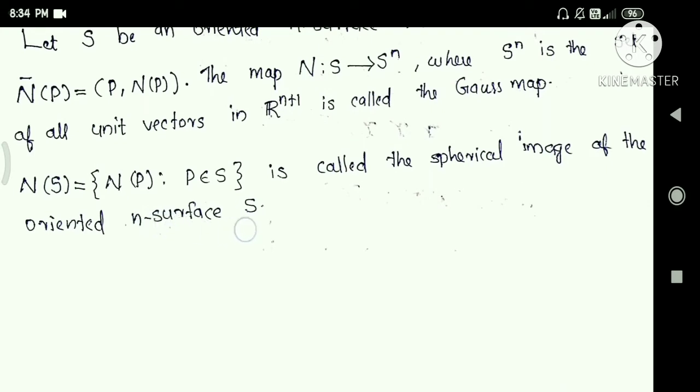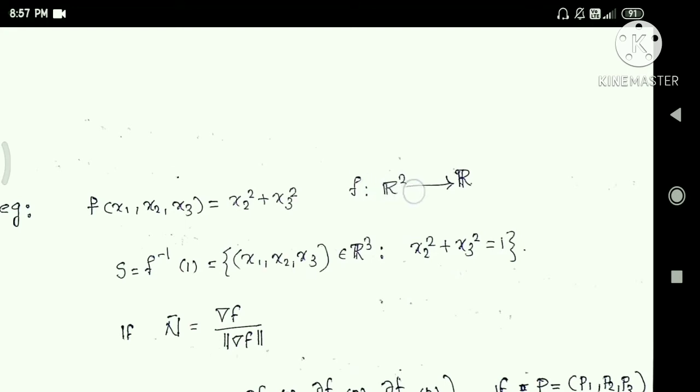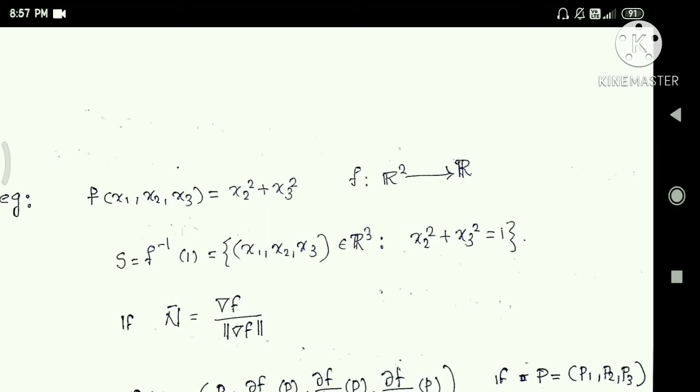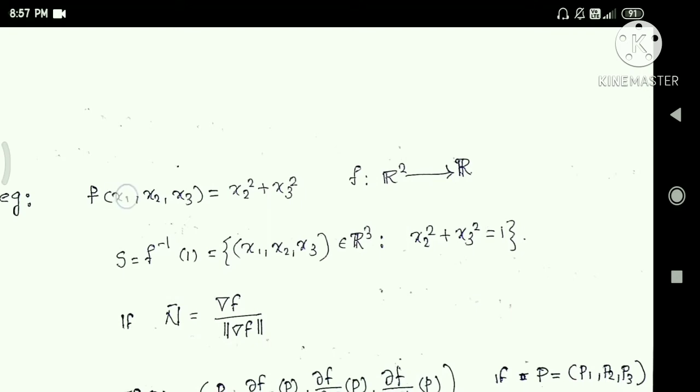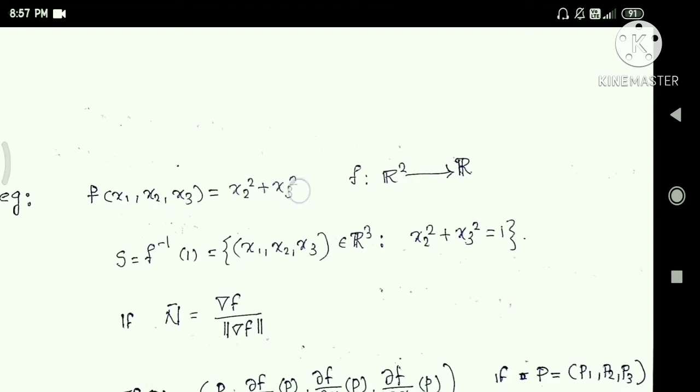For an example, consider the function f from R^3 to R defined by f(x1, x2, x3) = x2^2 + x3^2.